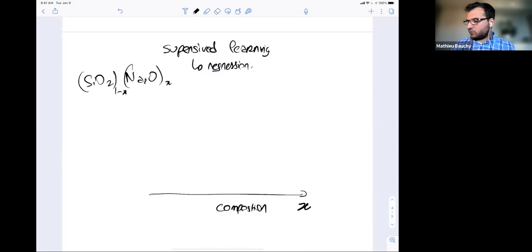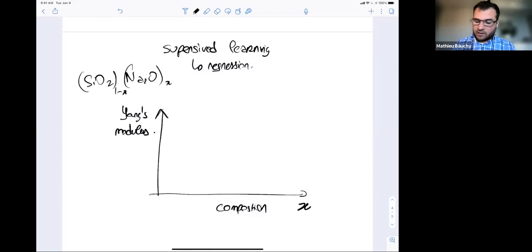And in that case, you know how much sodium those glasses have, how much sodium oxide they have. And you are trying to predict something. For example, you're trying to predict the Young's modulus of those glasses. So you have some data points like this.